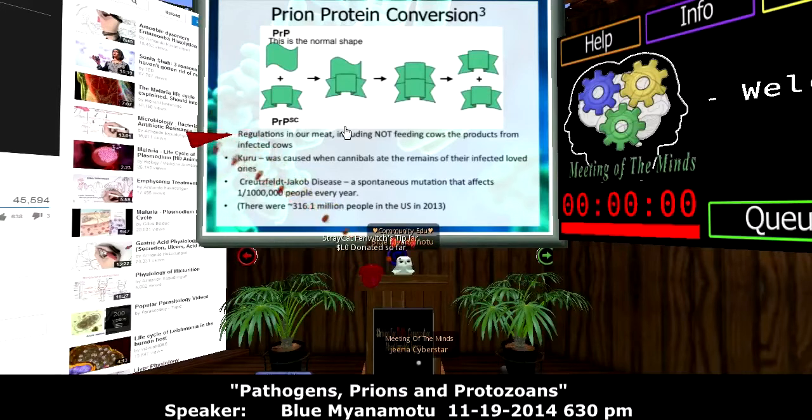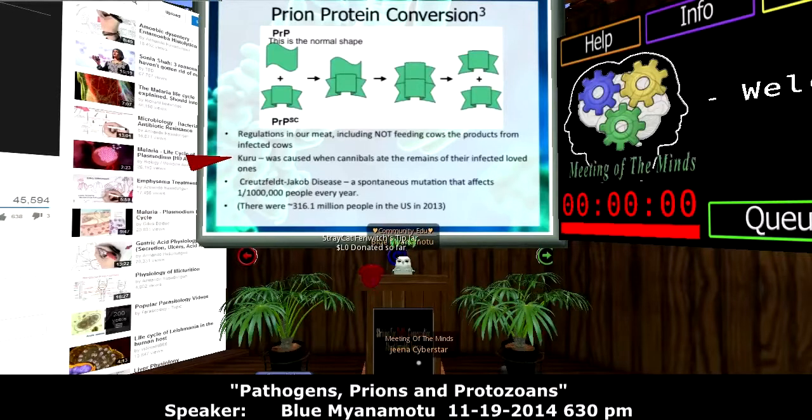So anyways, what is also interesting about this shape is that there are prion forms in almost all mammals. And in humans, there is a form, they talk about kuru, which is a prion type of disease that was in a tribe where cannibals would eat the remains of their infected loved ones.